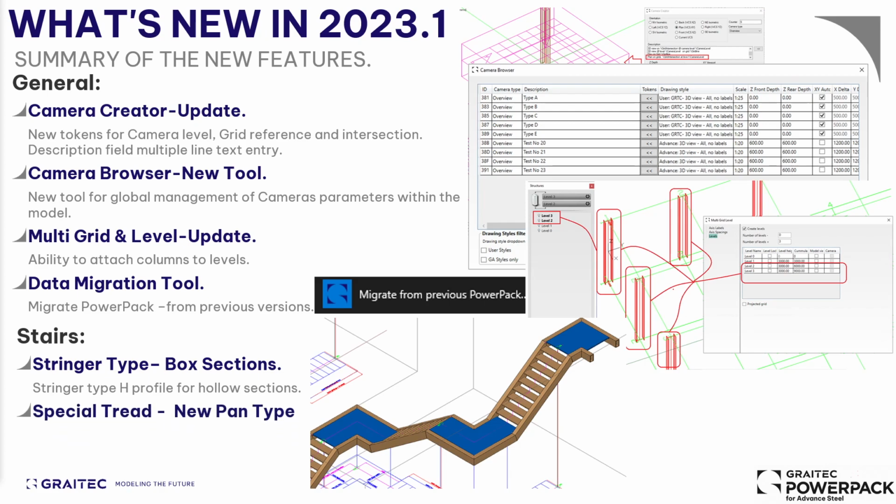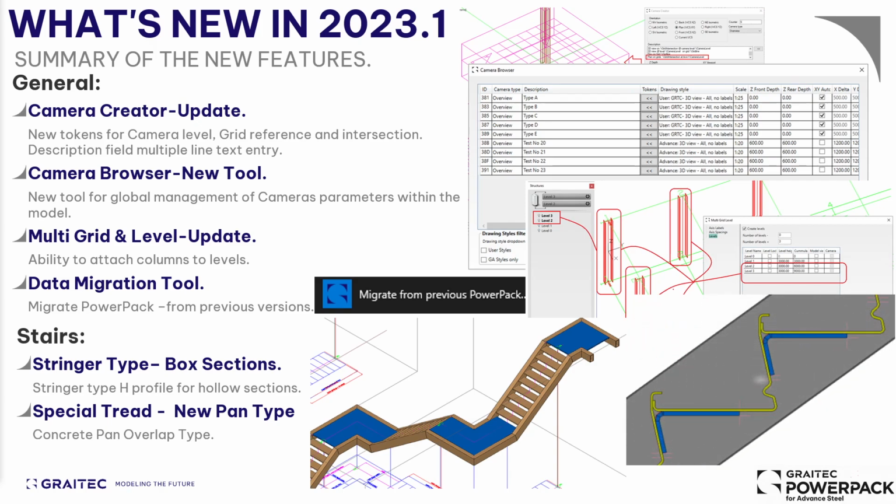Combined with that, we also bring a new tread type, a new pan type arrangement that allows for an overlap arrangement, typically used for concrete infill type treads. And associated with that, we have a number of new bearer bar options as well. So we'll go on to discuss these further in the coming slides.